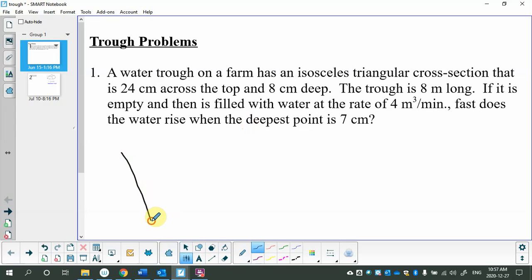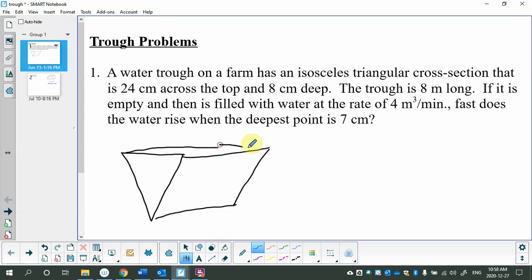Isosceles triangle cross section, and then it'll go back and it'll fill with water. So the trough is 8 meters long, and it's 24 centimeters across the top and 8 centimeters deep.